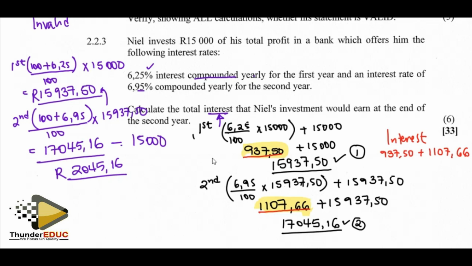When you add that, you get your answer, 2,045 rand 16 cents. When you see that, you still get the same marks. You will have your full marks if you get your final answer. All right.